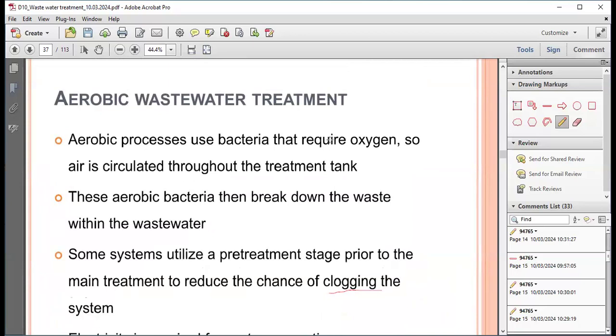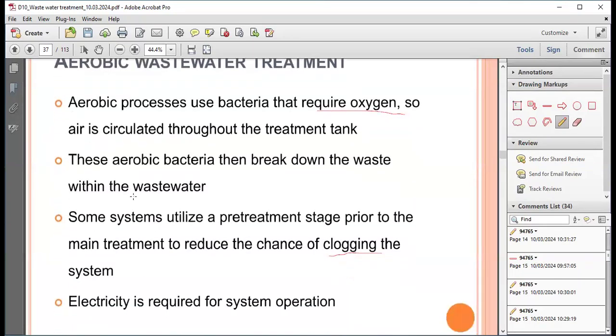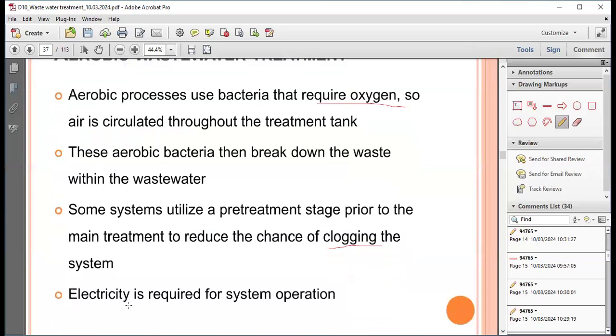Aerobic means it requires oxygen. Electricity is required for the system operation.